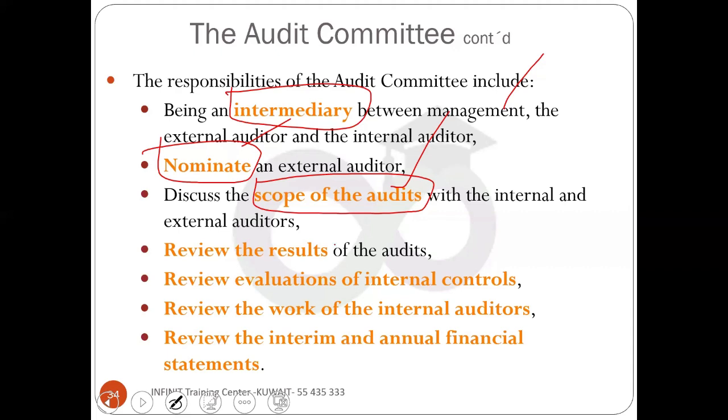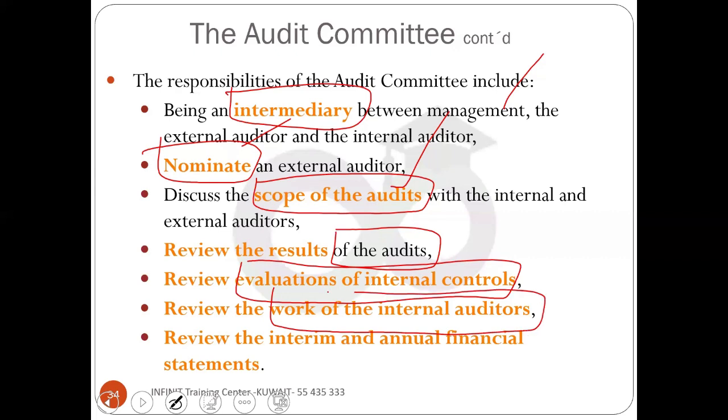Then they review the results of the audit. Once they get the audited financial statement, they have to review it. Also, they have to review the evaluation of internal controls, that is, how the internal control in the organization is working. And they have to review the work of the internal auditors. Normally, internal auditors will be reviewing the internal control, and the audit committee reviews the work of the internal auditors also.